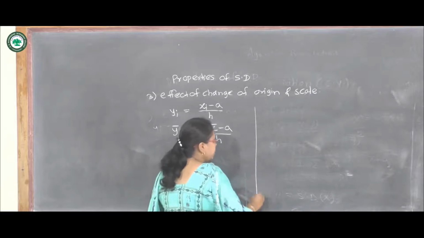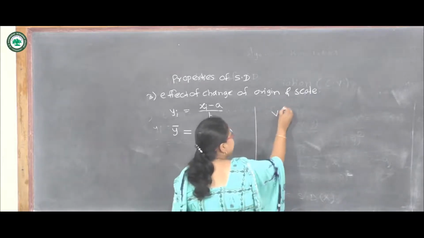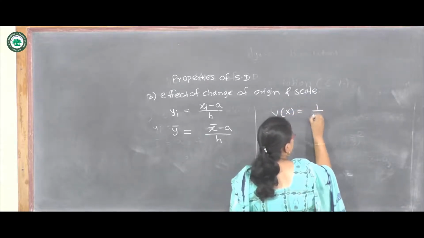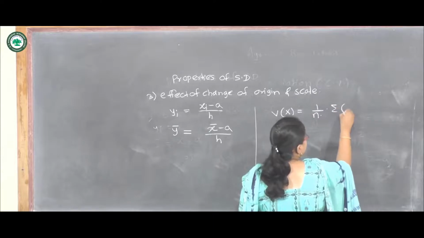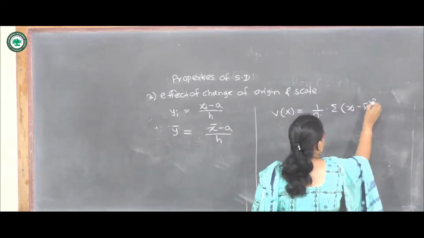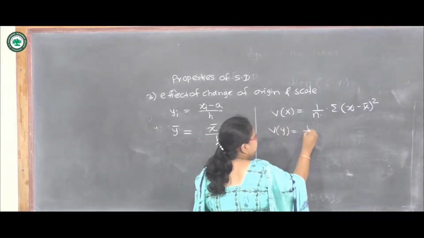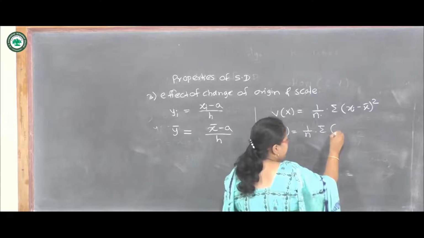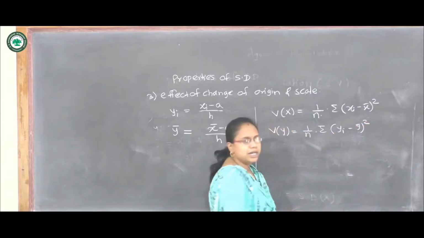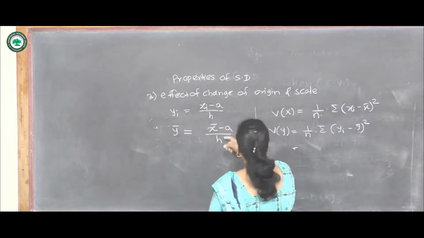Now we have to see it for the variance. So let us compute it. Variance of x: here is the formula, 1 upon n summation of (xi minus x bar) whole square. Let us calculate it for y. So variance of y will be 1 upon n into summation of (yi minus y bar) whole square. Let us substitute the value of yi and y bar from here.